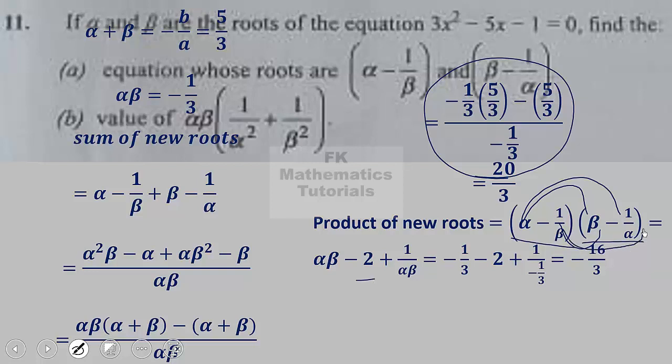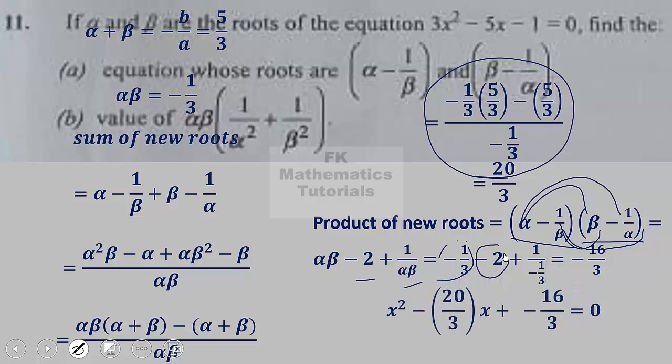Then this and this will give us plus 1 over alpha beta. So we know alpha beta is negative 1 over 3, and we also see the negative 2 from this simplification. And this will give us negative 16 over 3.